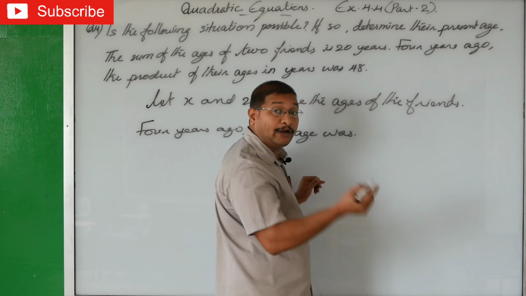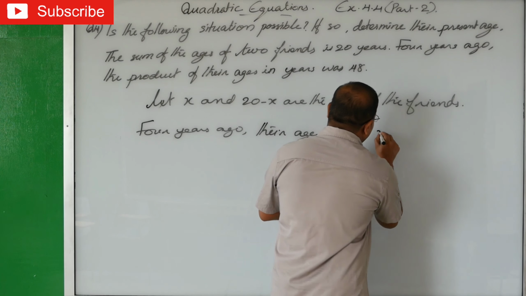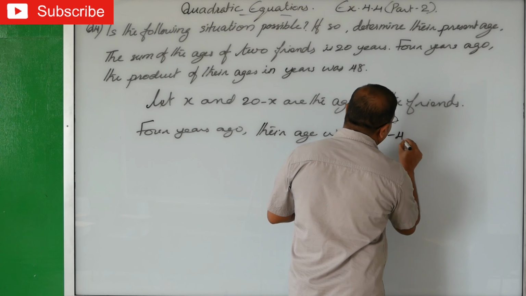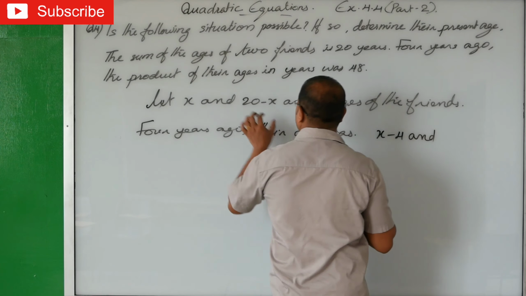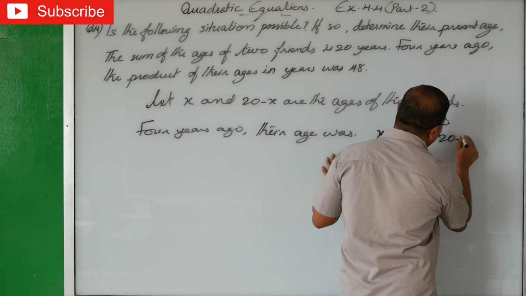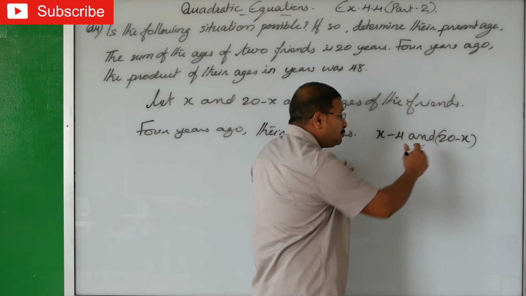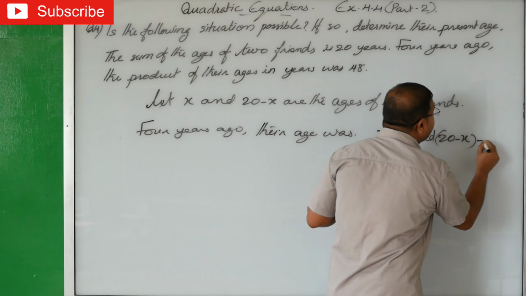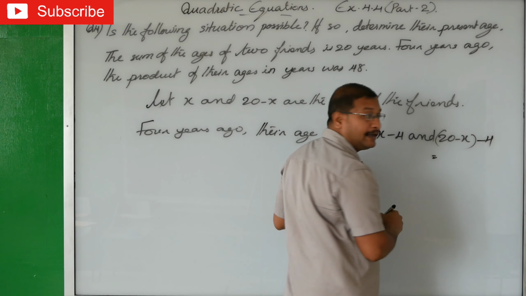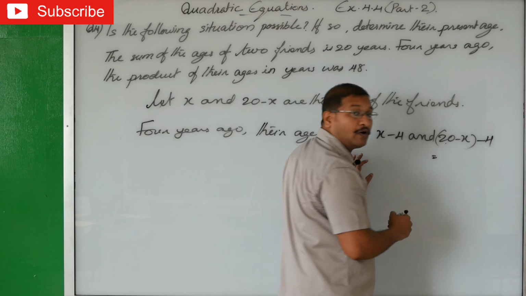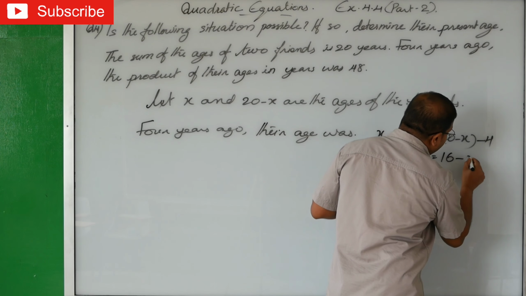So 4 years ago, before, means x minus 4. The second person is how much? 20 minus x. And for this person 4 years ago, that means minus 4, equals 20 minus 4, that is 16 minus x.